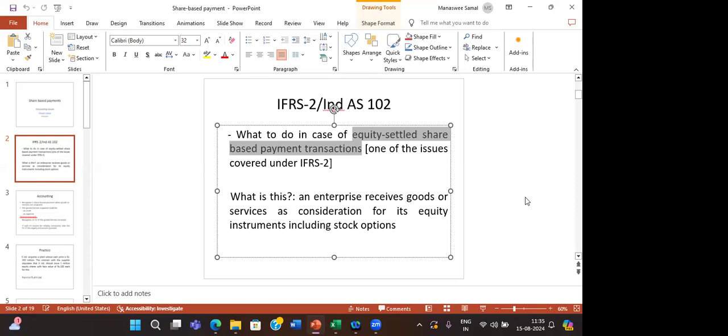Quite possible, forget about ESOPs, a company might get even inventory from somebody, but instead of paying through cash, the entity can decide to issue securities, provided the supplier is willing to be a kind of partner. By buying a share, I do believe you become a partner in the enterprise, isn't it?